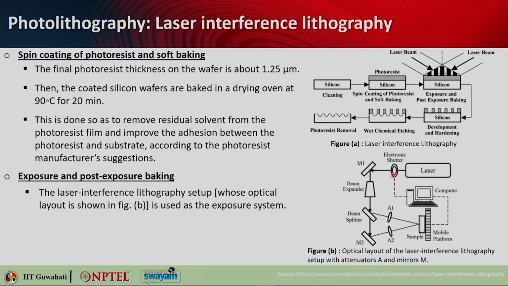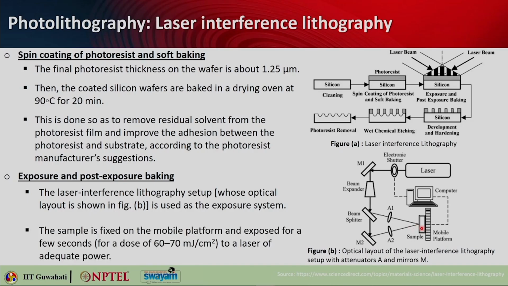You have a laser with an electronic shutter. It comes to mirror 1, gets reflected, there is a beam expander, and then there is a beam splitter. One part of the beam goes this way, the remaining part goes this way. From another mirror it gets reflected, and you generate two laser beams that focus at one point where you can create these interference patterns.